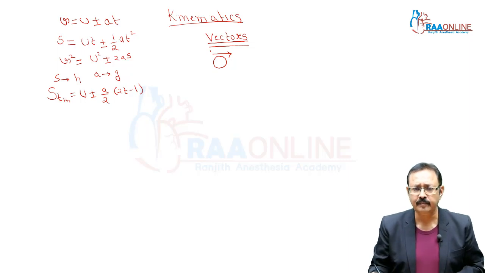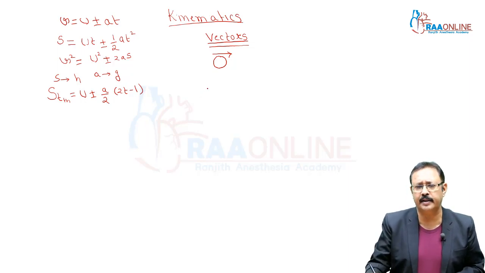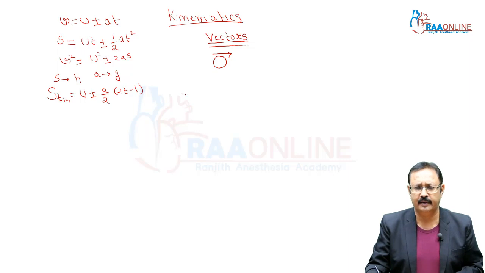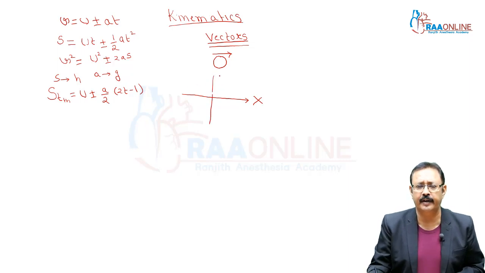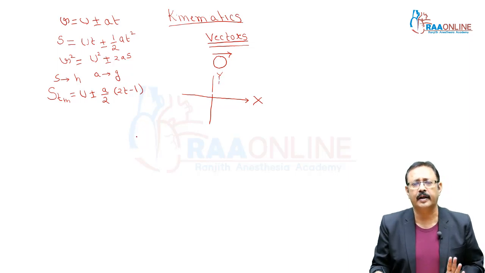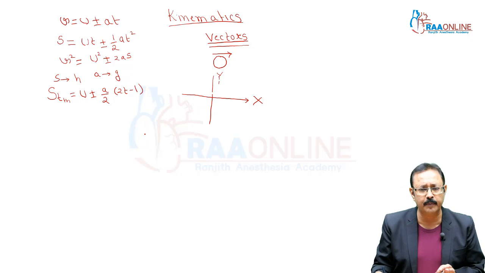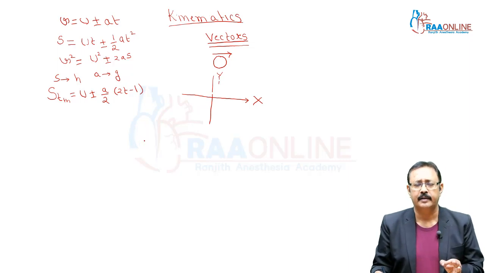Next, 3 special directions are there in space. X-axis, Y-axis, if it is a plane, you are comfortable with 2 directions. With the help of 2 axes, you can explain the position of each and every point.